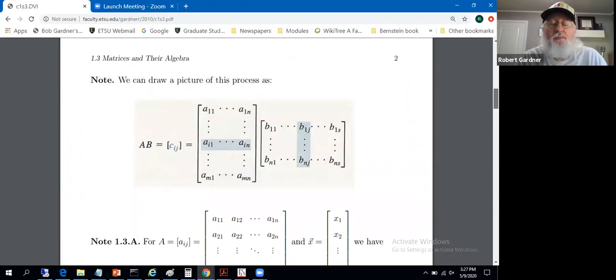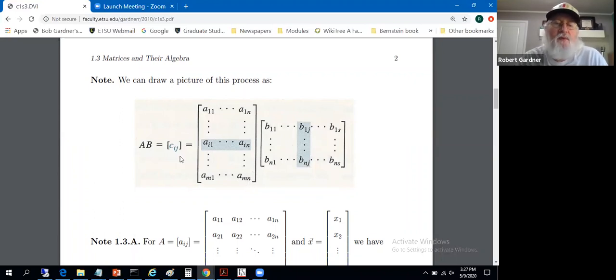Here's a picture out of the book in terms of how to take matrix products. Matrix AB, say with the entry c sub ij, is given above. Here's matrix A written out in terms of indices, as the book doesn't. Here's matrix B written out in terms of the indices, the double subscripts.